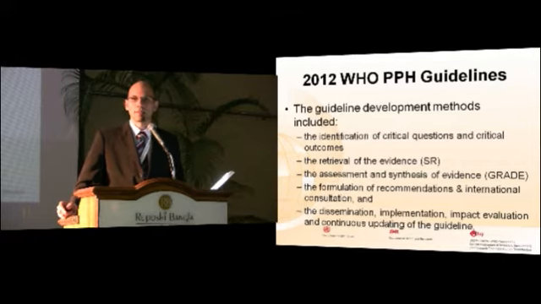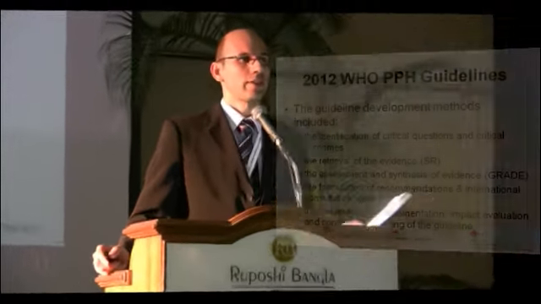Then the systematic assessment of the quality of evidence through the GRADE process, the formulation of recommendations, and perusal and discussion in an international consultation. And once the document is released, we have the work on dissemination, implementation, impact evaluation, and also the continuous update of these recommendations.